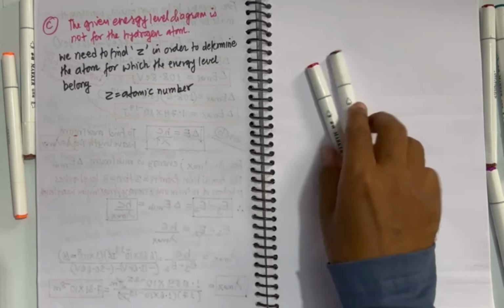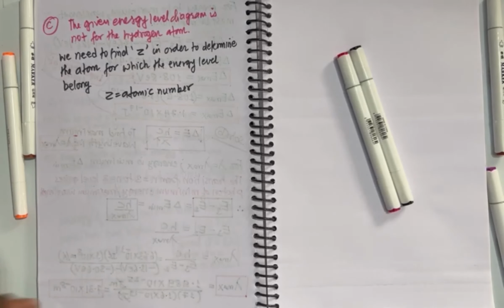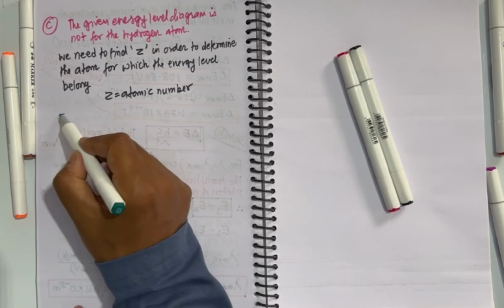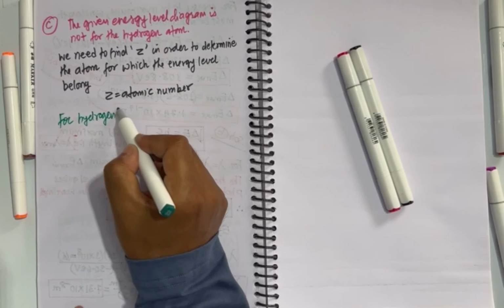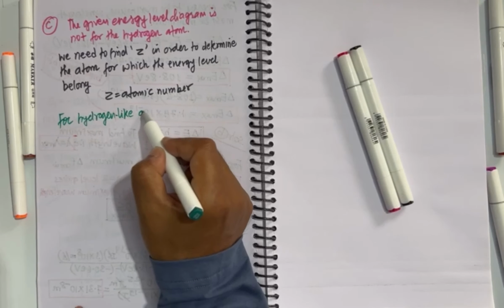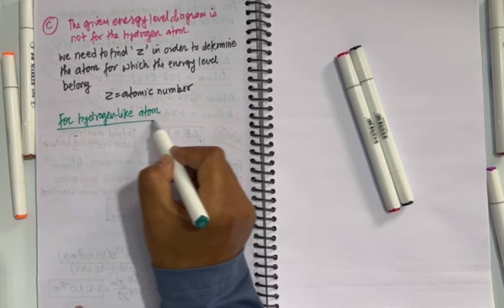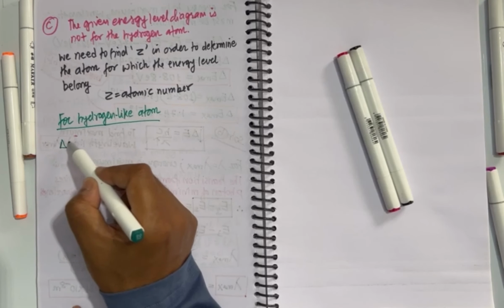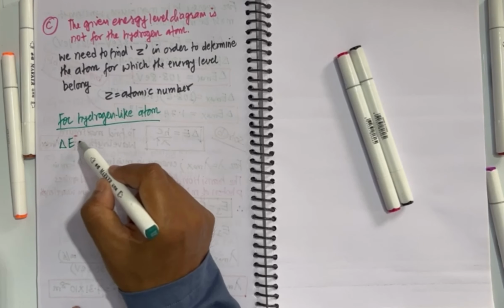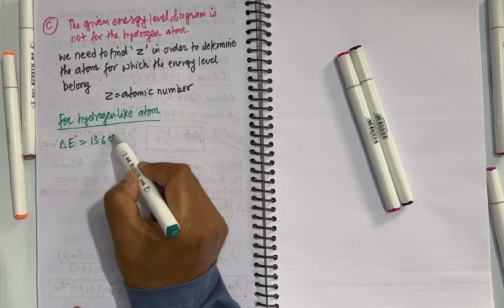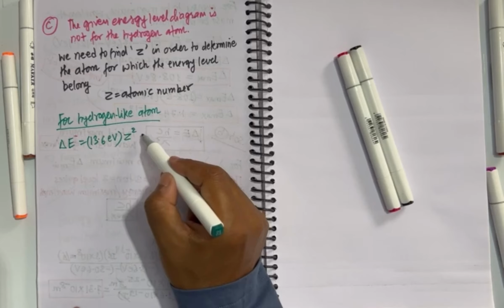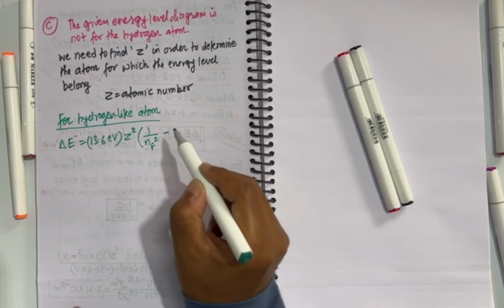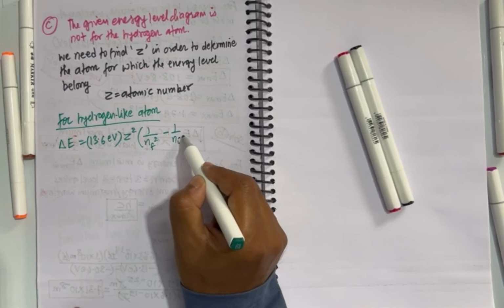For a hydrogen like atom, we have delta E equals 13.6 electron volt times Z square times 1 by NF square minus 1 by Ni square.